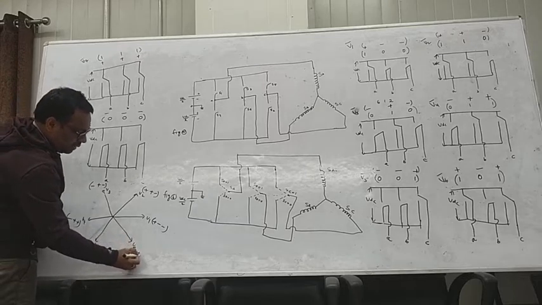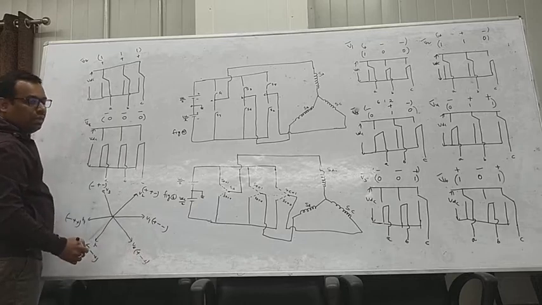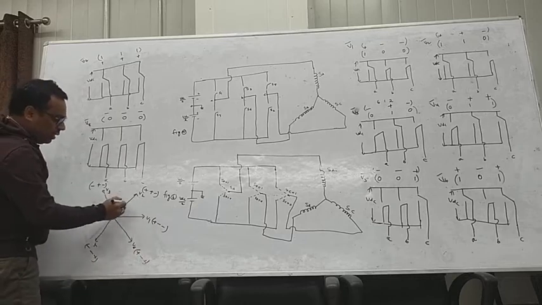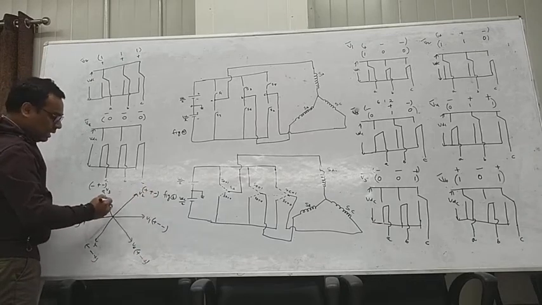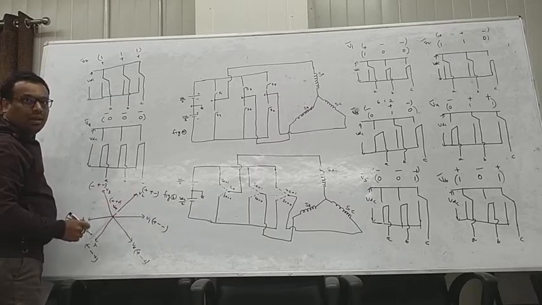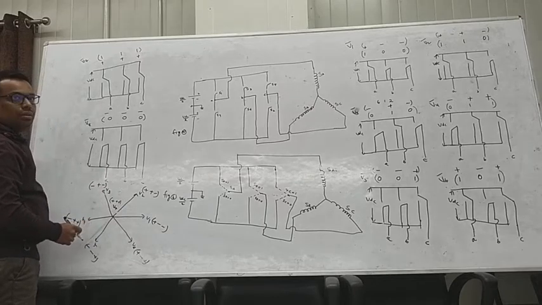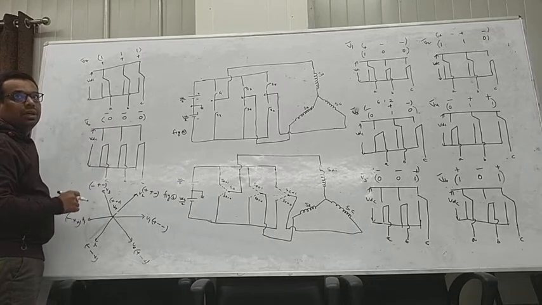V6 plus, minus, plus. And V7, why am I representing V7 here? Because near V2, plus, plus, minus, V7 is plus, plus, plus, all plus. And if you see the zero vector, that is V0, or the eighth vector, maybe you may consider, because earlier you considered it as V0, and this is the 8th vector.